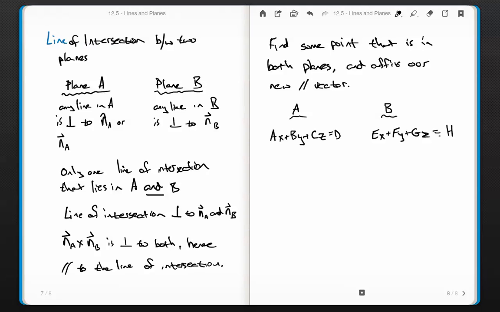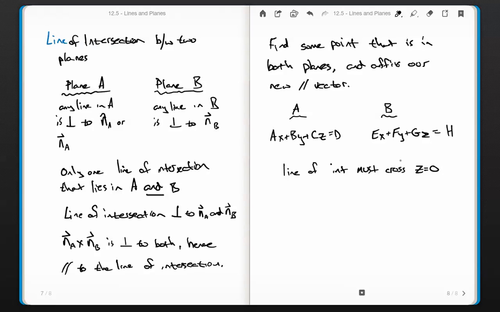Well, I know that this line of intersection between the two planes, and this is very hard to do without being able to move my arms around, has to cross the plane z equals 0, since it goes infinitely in both directions.